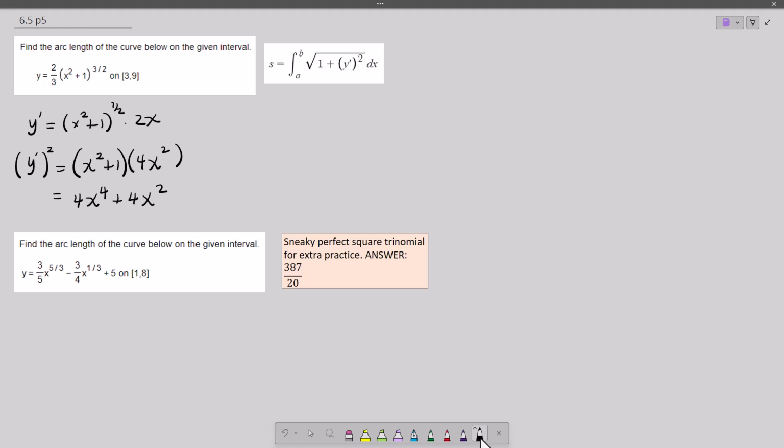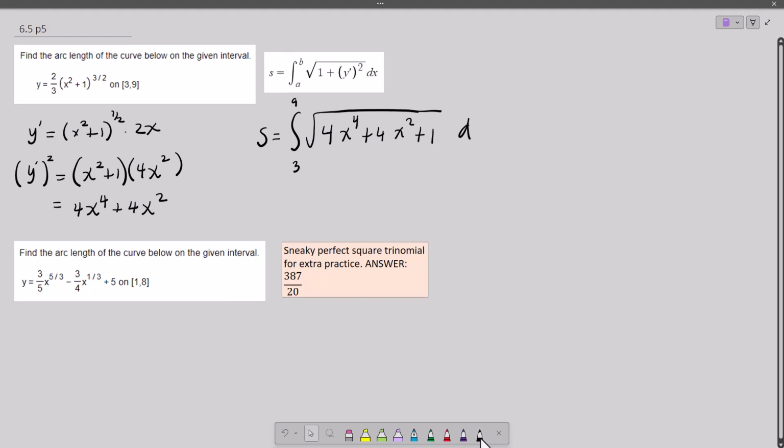Does that look okay? And then you add 1 to that and take the square root. So we are going to end up with s equals the integral from 3 to 9. Square root, we'll write it in descending order. We're going to add 1 to this. We'll put it on the right, and that's a dx.